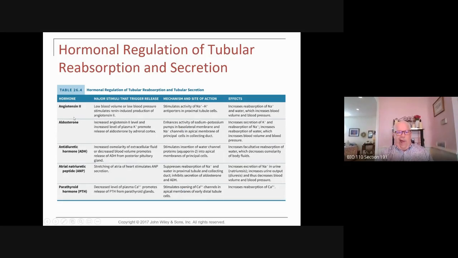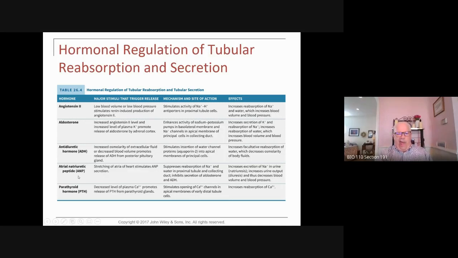Aldosterone, part of the RAS system. Aldosterone is produced by the adrenal cortex. Because of angiotensin II, it stimulates the cortex of the adrenal gland to produce aldosterone, which increases the secretion of potassium, the reabsorption of sodium, increasing your reabsorption of water, which increases your blood pressure and blood volume.